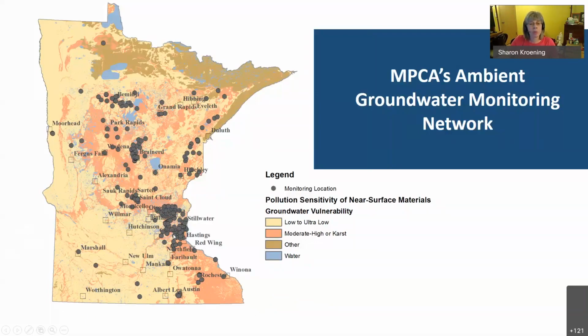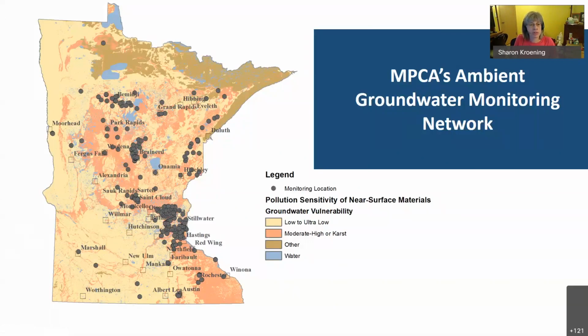And I also wanted to point out with this map that you can see that our network isn't evenly spread across the state, but it focuses on urban areas like the Twin Cities metropolitan area, St. Cloud, Brainerd, and we also did that deliberately to meet our charge of assessing non-agricultural contamination.